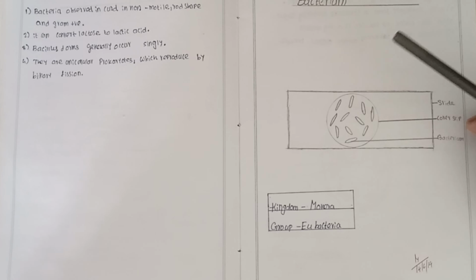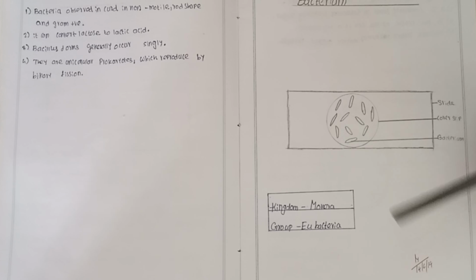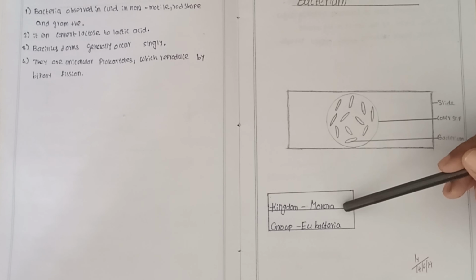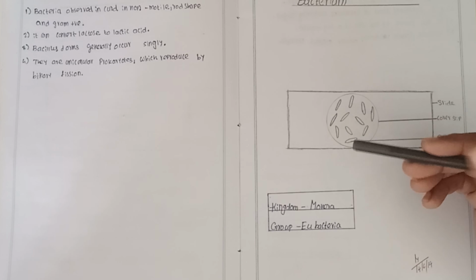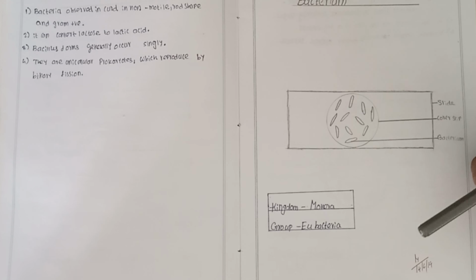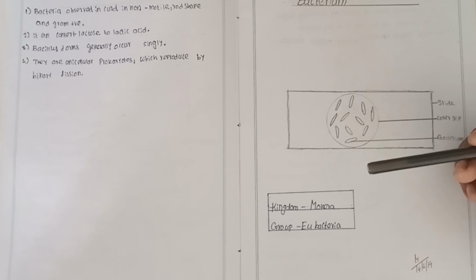The genetic material is scattered in the cytoplasm. There is no nuclear membrane, so they are included in kingdom Monera. One circular chromosome made of a double helical molecule of DNA is located in the cytoplasm. That is known as the nucleoid. What is a nucleoid? A nucleus without nuclear membrane is known as a nucleoid.